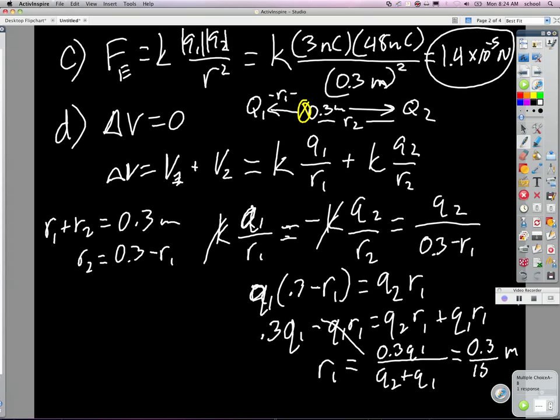Sorry, I did this by memory. This is negative 0.1 plus 0.02. So then our answer becomes negative 0.08 meters. There you go.